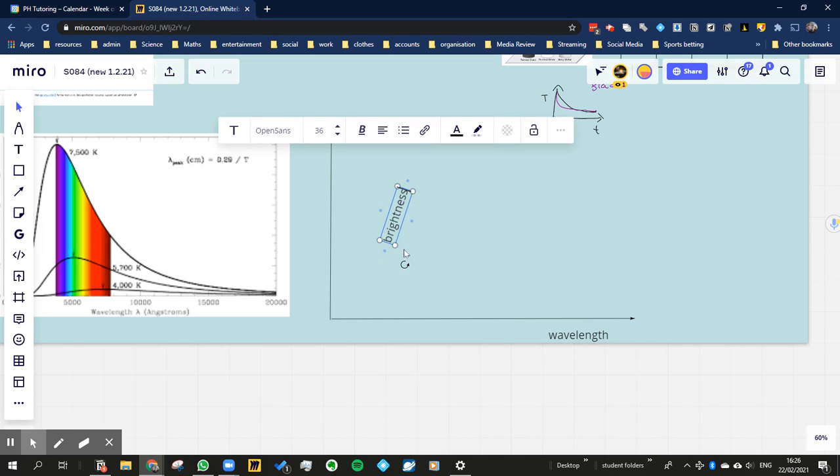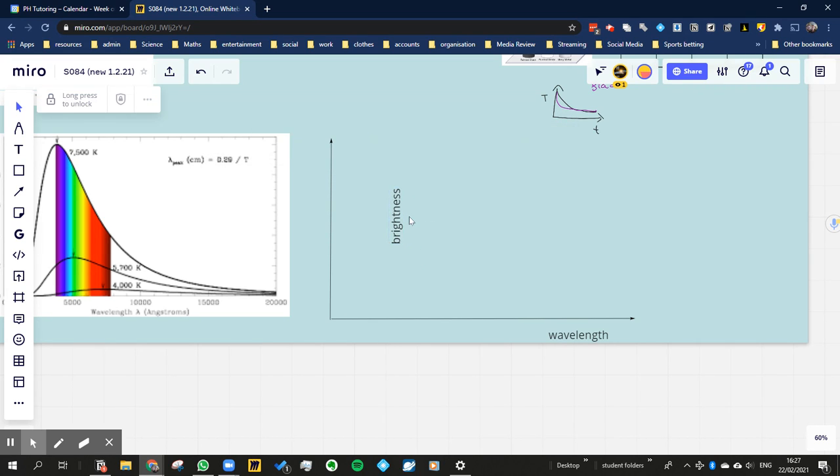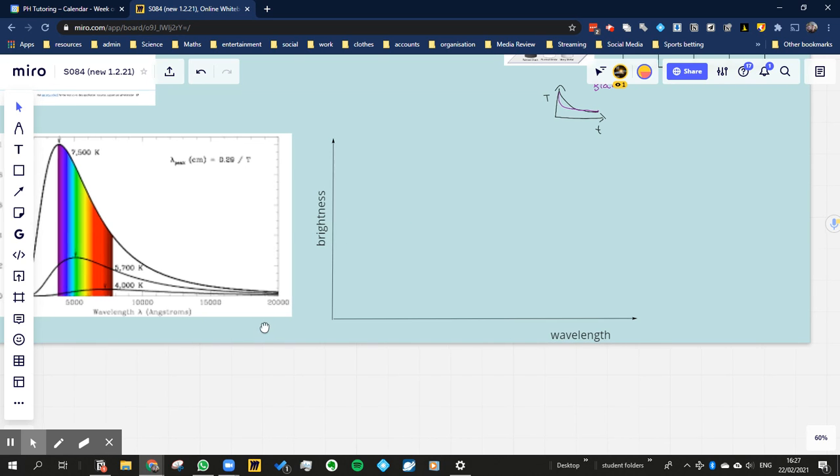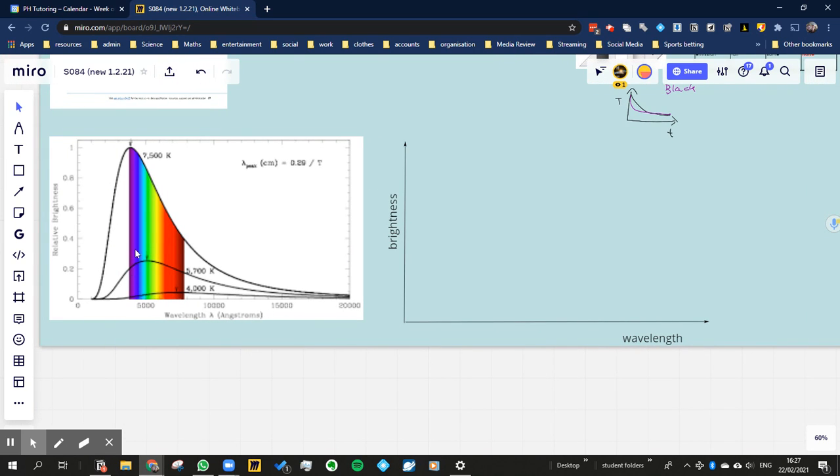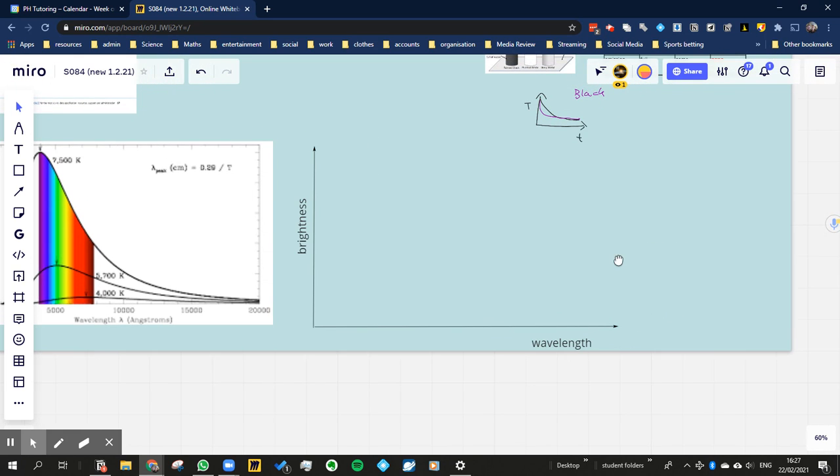Don't forget that we perceive wavelength as color. Our eyes see a different wavelength, and our brain turns the wavelength into a color, and that's why we see these different colors, but actually they're just wavelengths of light.